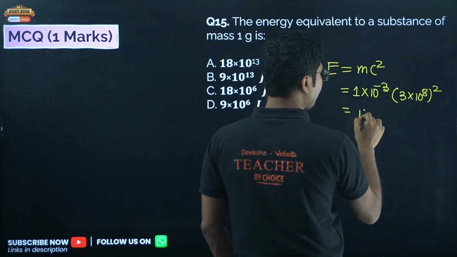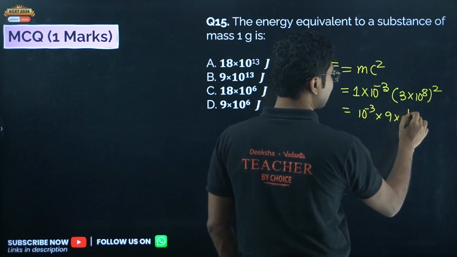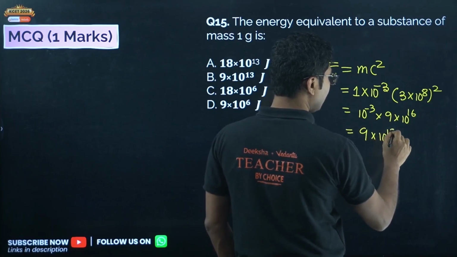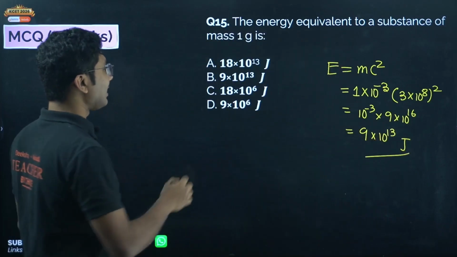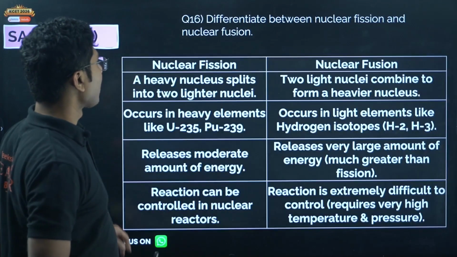So it will be 10 to the power of minus 3 into 9 into 10 to the power of 16. So it will be 9 into 10 to the power of 13 joules. So the corresponding energy is 9 into 10 to the power of 13 joules.